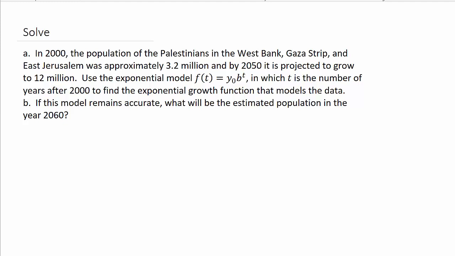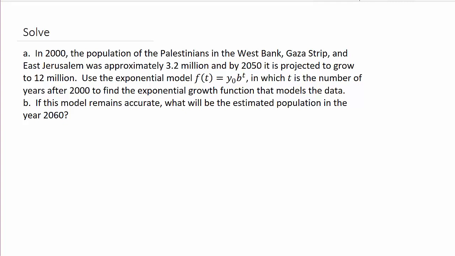Use the exponential model f of t equals y naught times b to the t, in which t is the number of years after 2000, to find the exponential growth function that models the data. And then they want us to estimate the population in the year 2060.